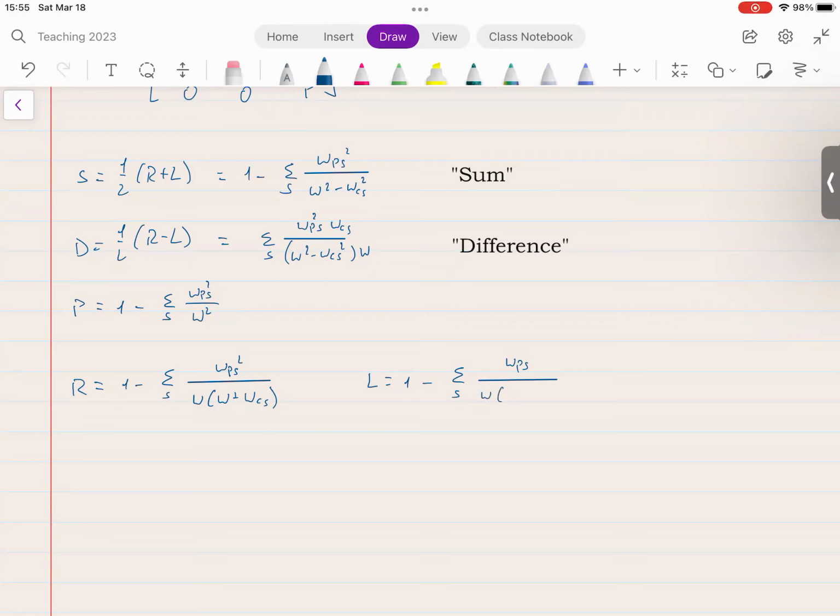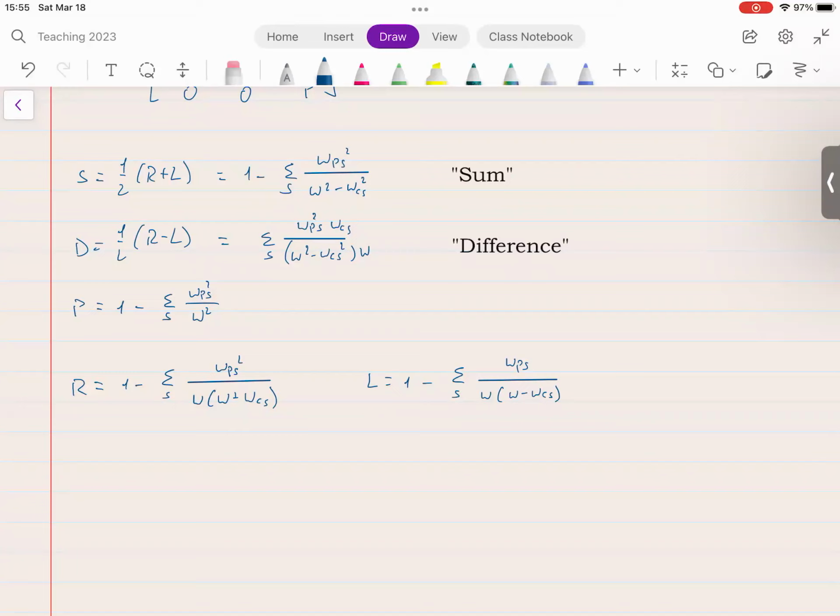Now, here I have omega, omega minus omega CS. And these expressions come out sort of naturally by doing the derivation in terms of polarization.